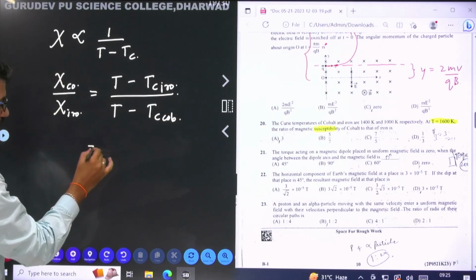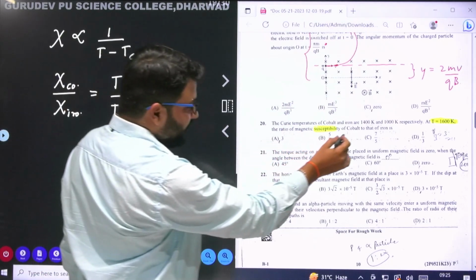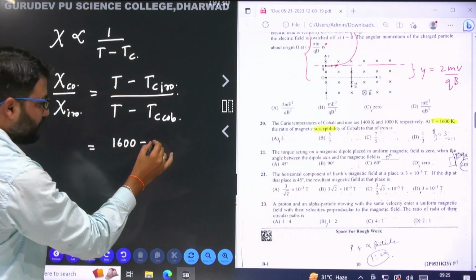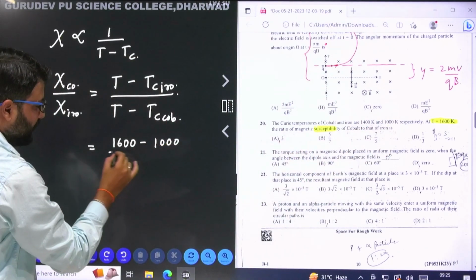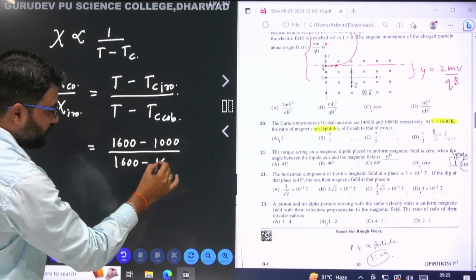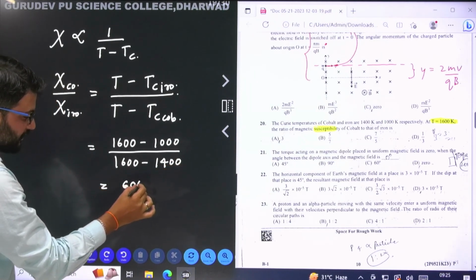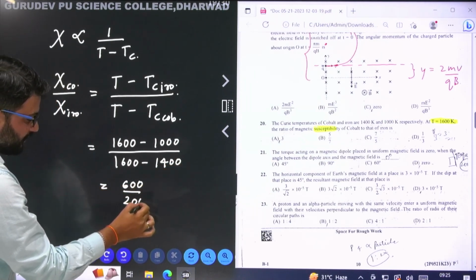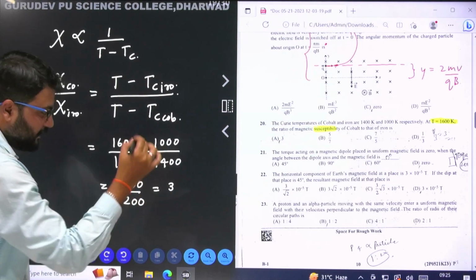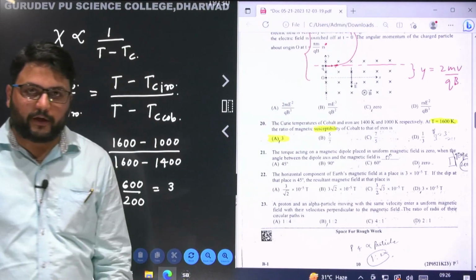Substituting the values, you would get 1600 minus 1000 divided by 1600 minus 1400. If you simplify, you get 600 divided by 200, which is 3. So the right answer is option A.